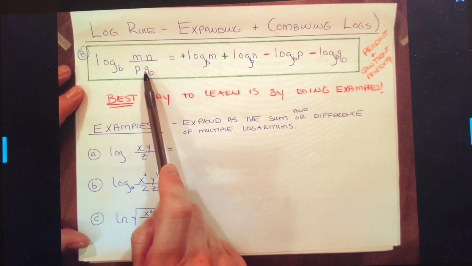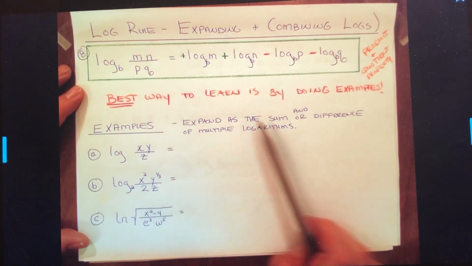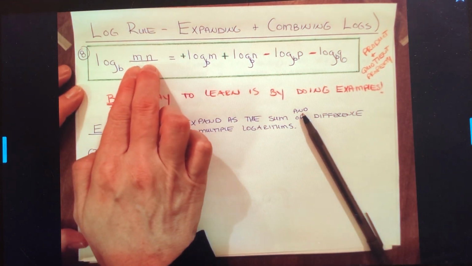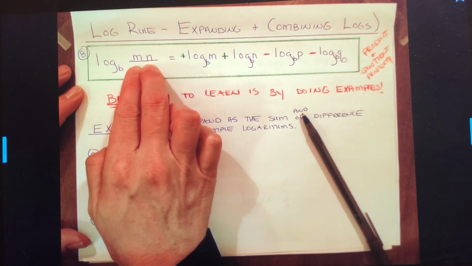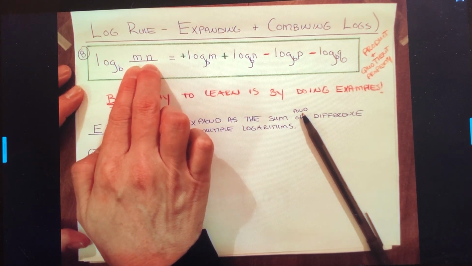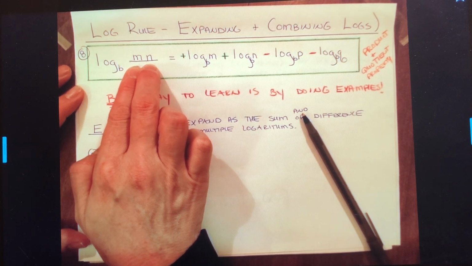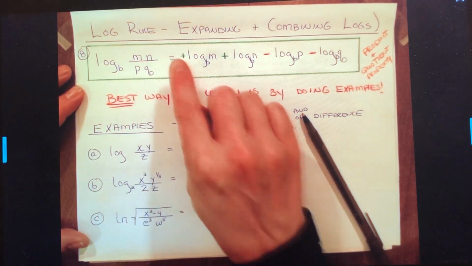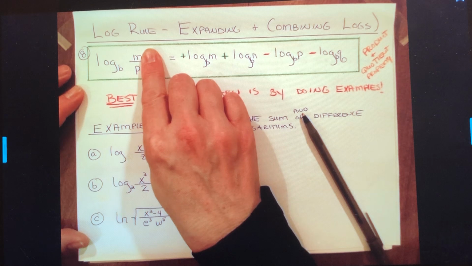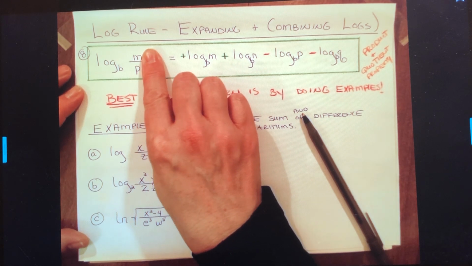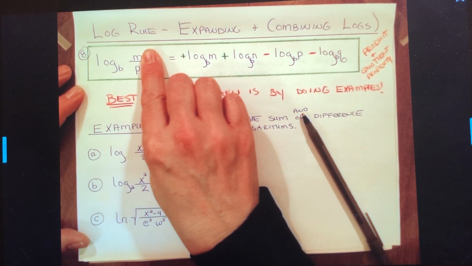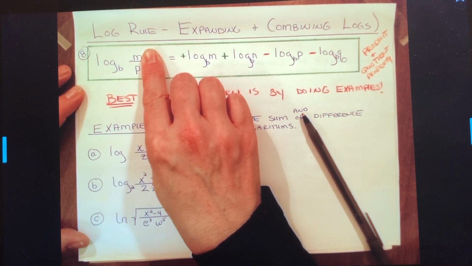If we were to call it just the product rule, it would most likely be written like this, where they would show you how to simplify something that was just a product of two terms. The quotient rule would probably be shown like this, as just the quotient of one term divided by another term.